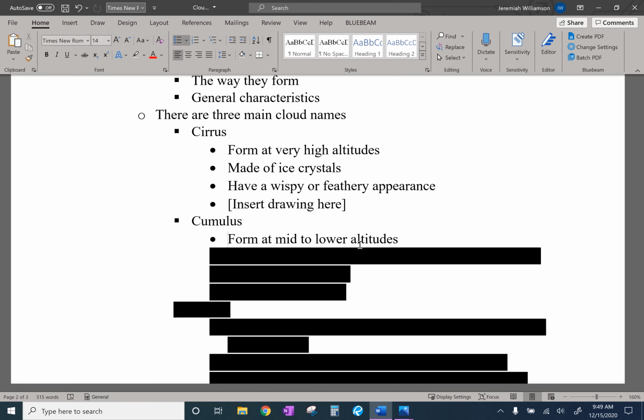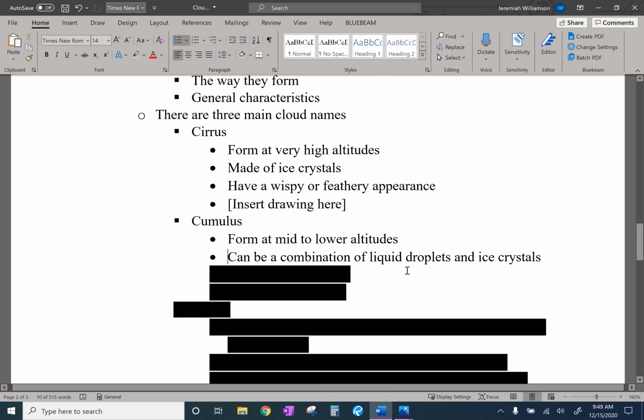These are the ones that if you look at a mountain and you see it kind of shrouded in clouds, it's usually these types that you'll see. They can be a combination of liquid droplets and ice crystals. If they're at lower altitudes, probably not much ice crystals. If they're at higher altitudes, probably more ice crystals.